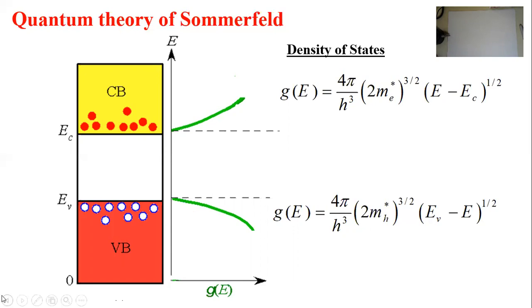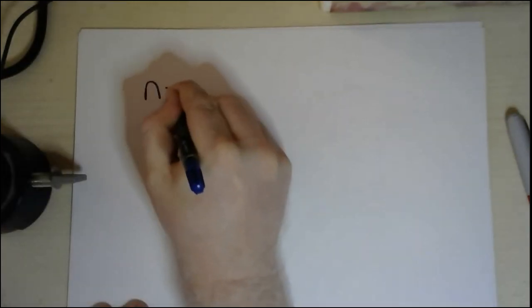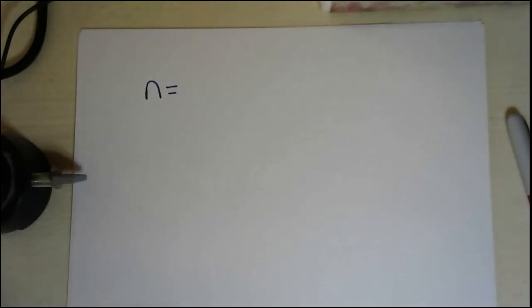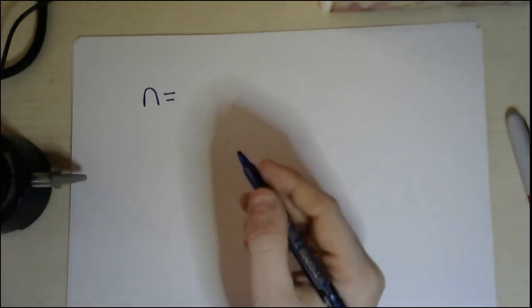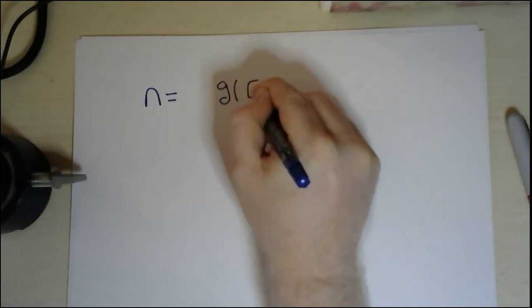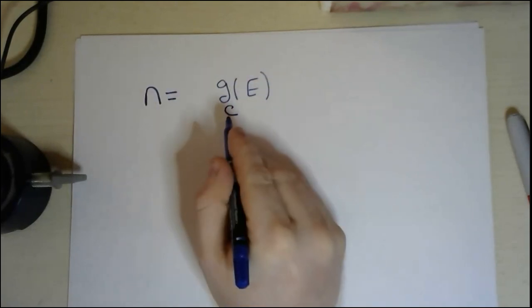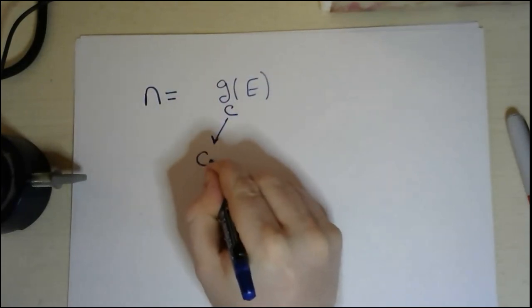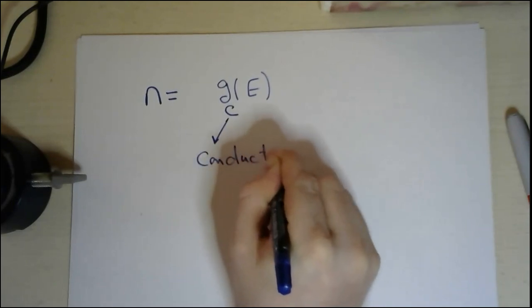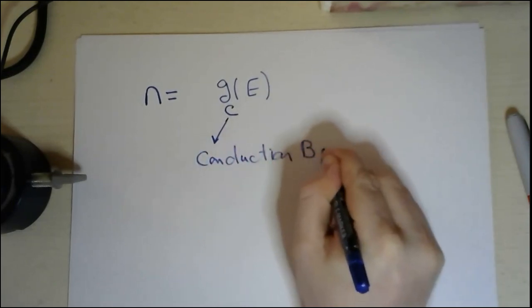So in order to calculate the electrons, I will say the following. N, which is the number of electrons, is simply the multiplication of two functions. The first function is the states function, which is G of E. Again, I will make it with subscript C to indicate that this is the conduction band.